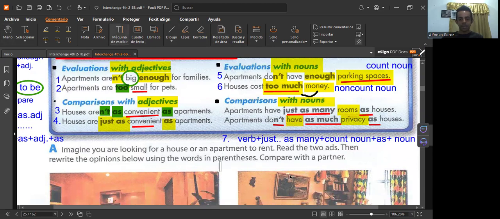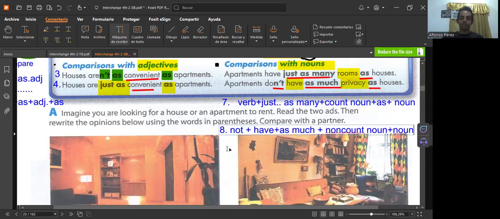So we have the negation, the verb, as much plus a non-count noun, plus as, plus a noun. Okay, good, excellent.